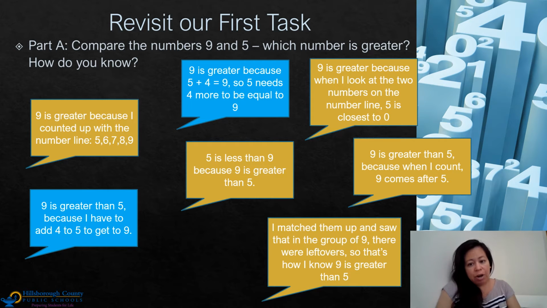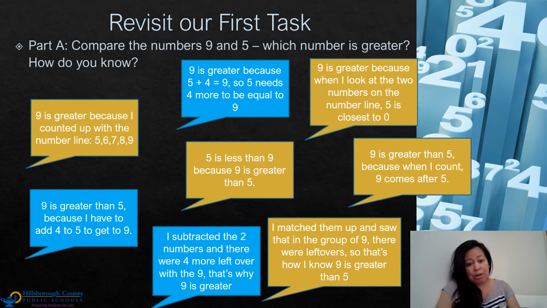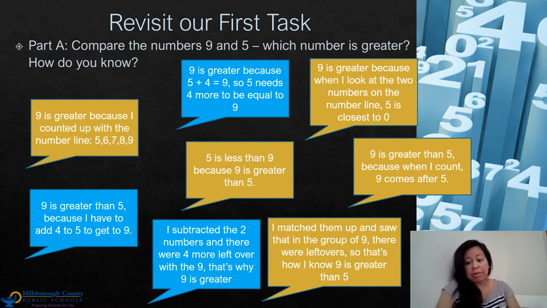You may not have heard very many of those responses with the last unit with the lesser numbers, but now with this one you've had instruction on joining and separating as well as composing and decomposing. So we're leaning more towards those more complicated or deeper responses from our students. And here's one more, thinking about subtraction.